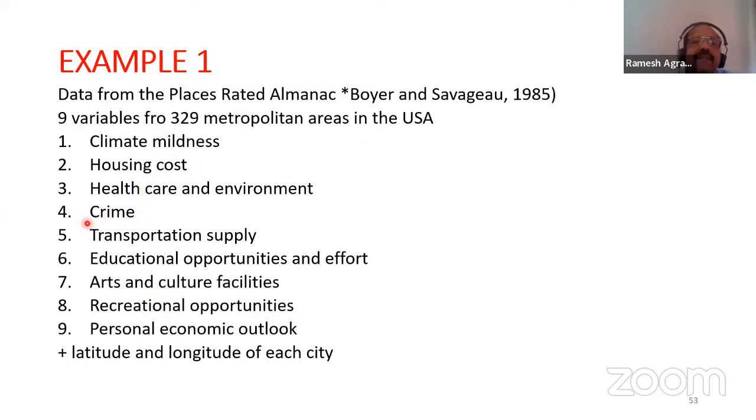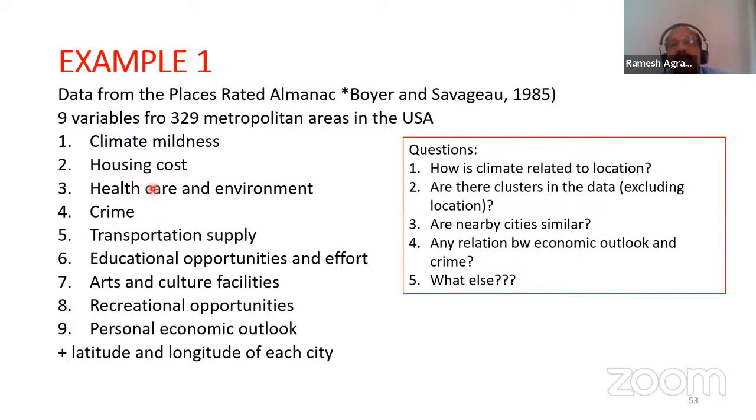You may find that housing cost is almost the same in all 329 metropolitan areas, so there is no point in using this variable. You would like to see variability: among these 329 metropolitan regions, what are the factors because of which the condition of one metropolitan area is different? So what can be the questions?